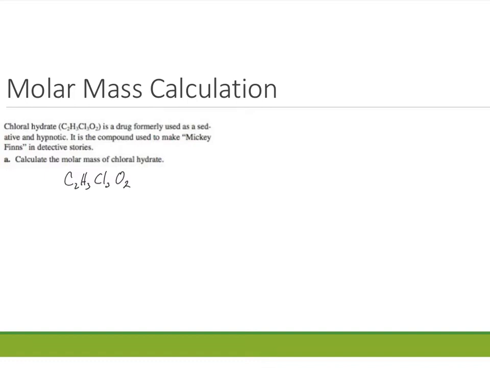From my periodic table, I see that carbon has a mass of 12.0107 grams per mole. Now, I've got 2 carbons, so I'm going to multiply that by 2. I've got 3 hydrogens, and my hydrogen is 1.00794 grams per mole, but I have 3 of those, so I'm going to multiply by 3.